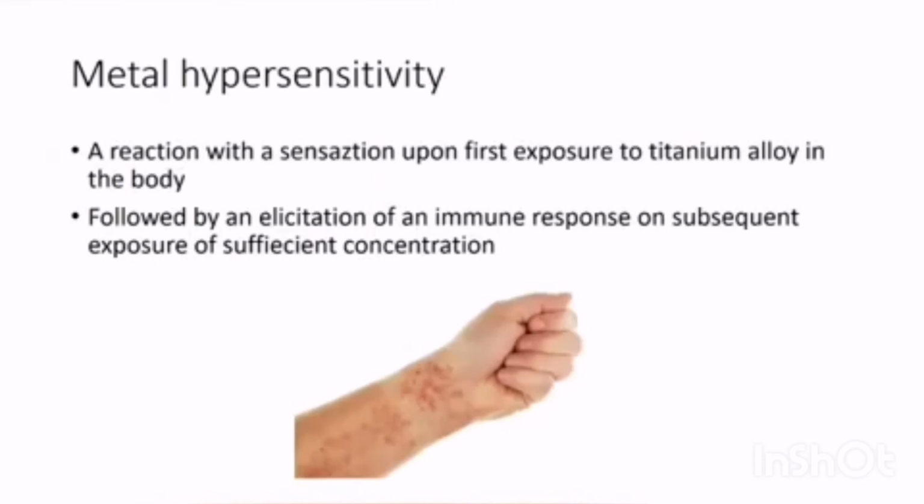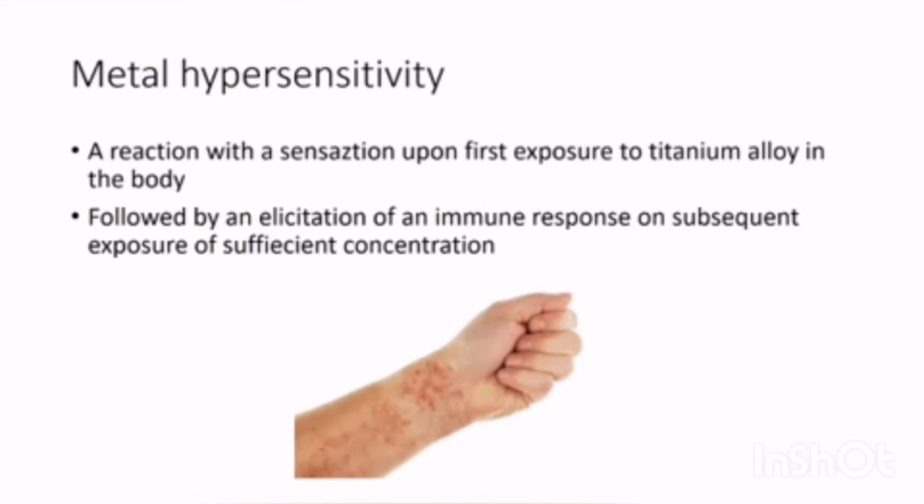So the first one is metal hypersensitivity. This is a biological reaction that happens when a patient goes through a surgery where they have had an implant installed into their body, most commonly at their joints or spinal cord. This reaction is very common, but it sometimes goes to a severe hypersensitivity stage where rashes, swelling, burning sensation, or even pain is felt at the point where the implant is located.